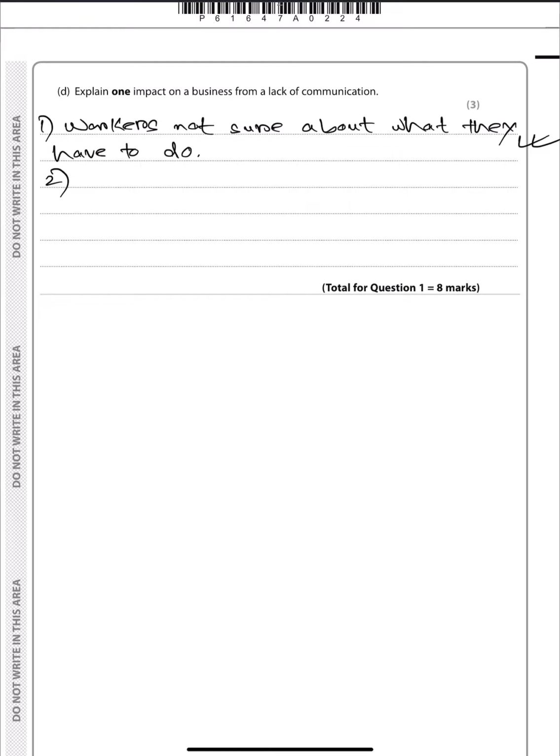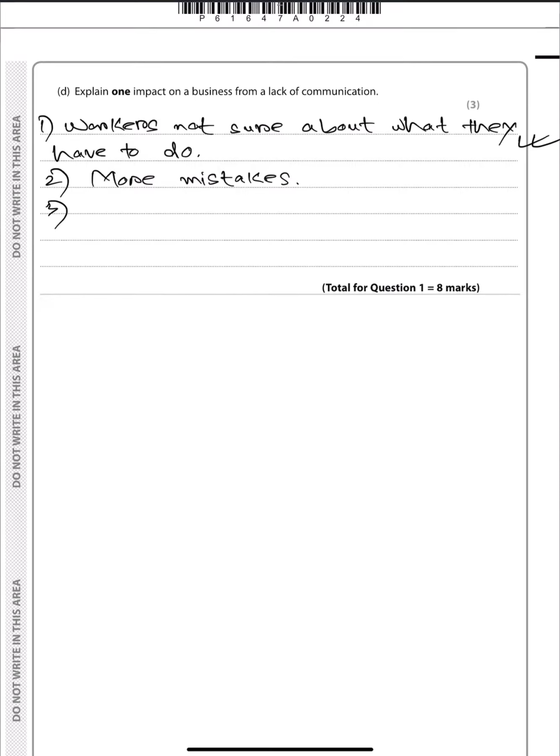So how is this point a problem? That's what we're going to explain in our 2nd point. So if they're not sure what they have to do, chances are they will make more mistakes. And our 3rd point will say how making more mistakes will be a problem for our business.